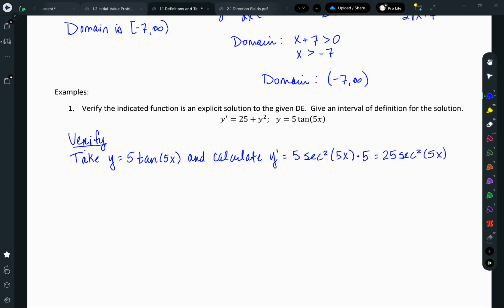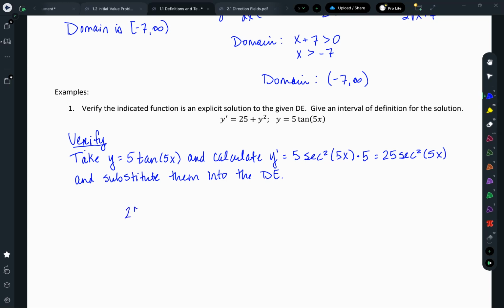So we're going to take y and y prime and substitute them into the differential equation. Okay, I have my y, I have my y prime. I'm going to plug them into y prime equals 25 plus y squared.